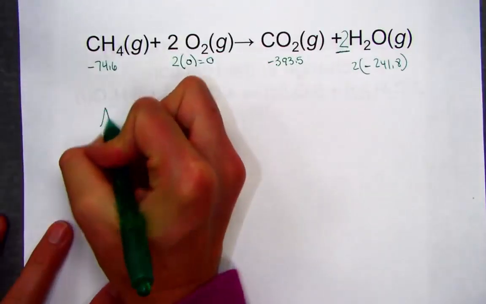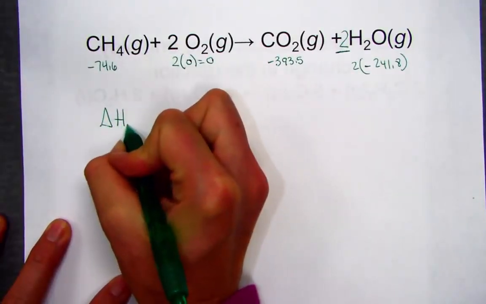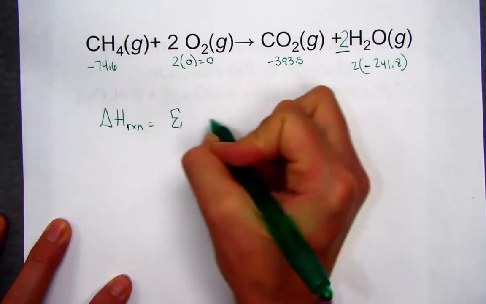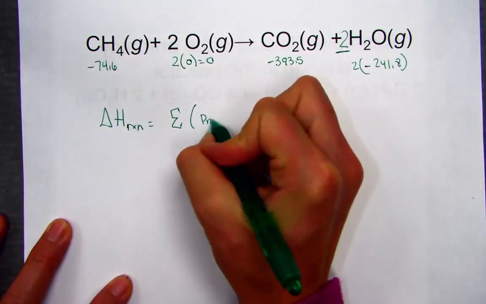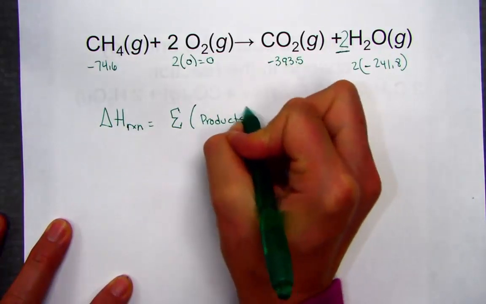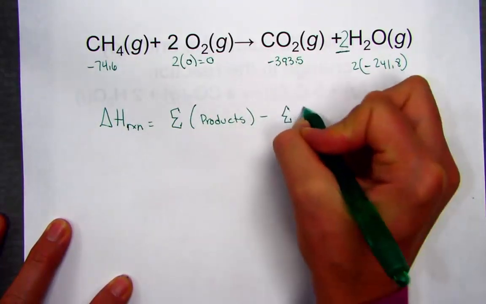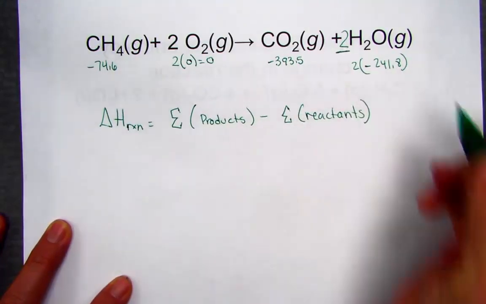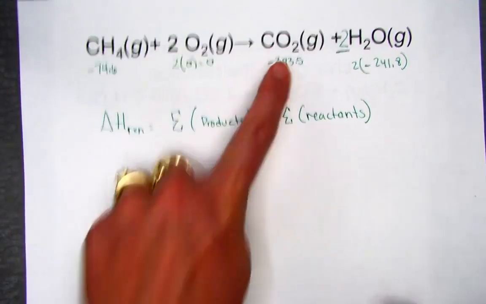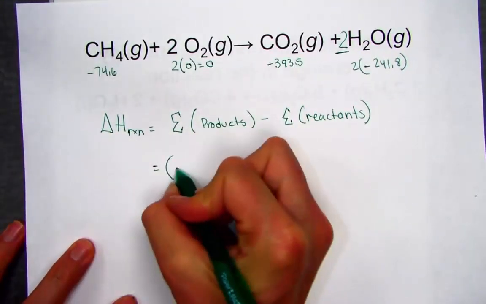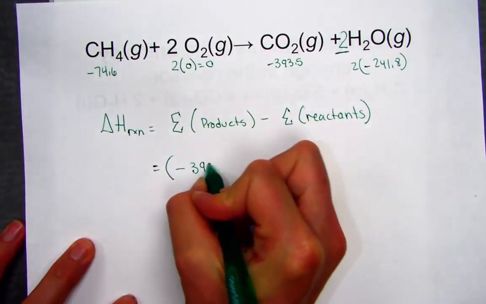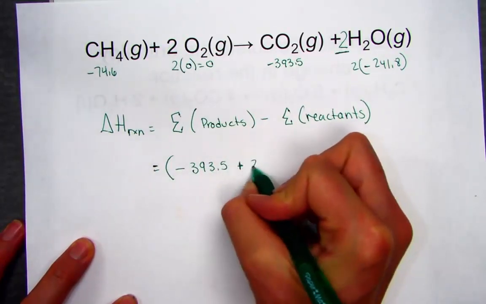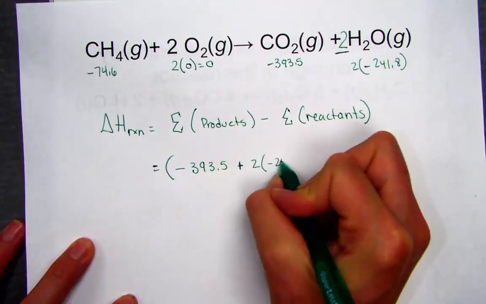Simply stated, if I want to calculate the heat of this reaction, it's the sum, and I'm not very good at drawing those sigmas, the sum of the products minus reactants. So, products first. I'm going to take negative 393.5 plus 2 times negative 241.8.